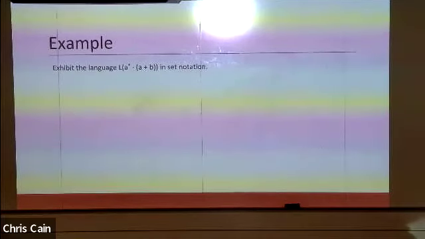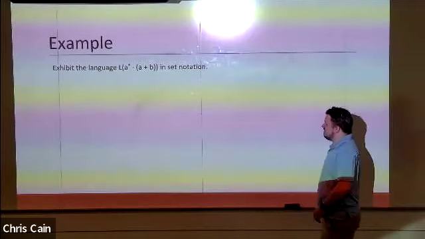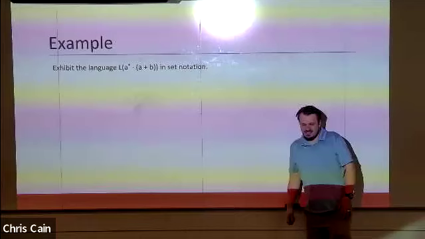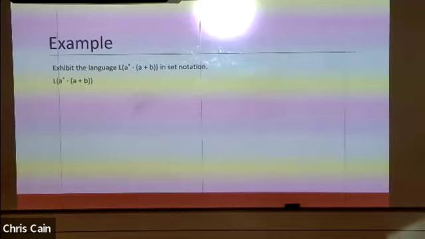So here's a slightly different language. We have the star closure of A concatenated with A or B. Go ahead and exhibit it in set notation, which means that we're going to repeatedly apply these rules. So we start with just this, the language defined as this expression.